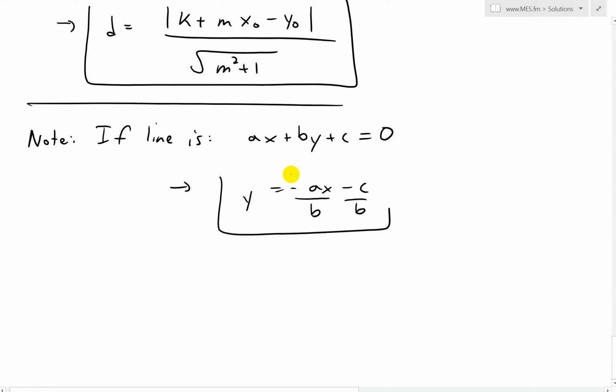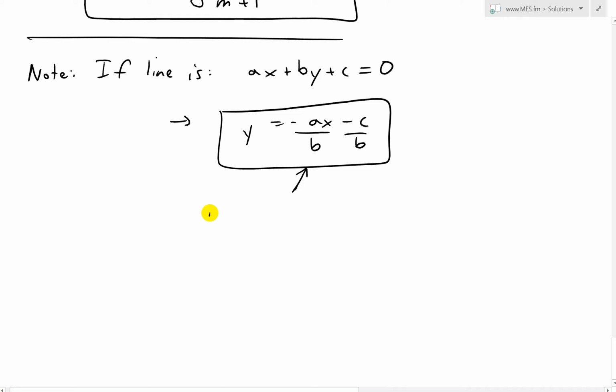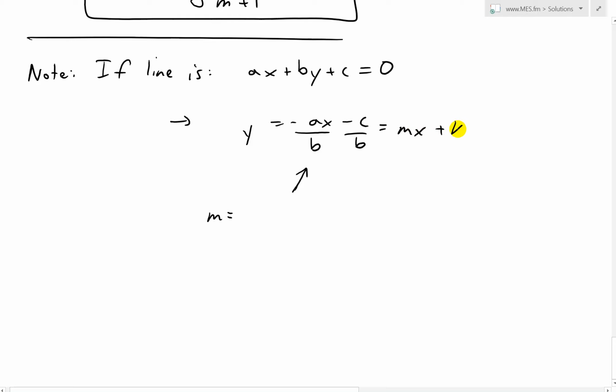So we can just rearrange it like this, where now the slope is m equals negative a over b. In other words, this just equals our usual mx plus k here. Again, that's why I used k, because we're using a and b there. So m equals negative a over b, and then this is the k over there. So I'll write this like this.